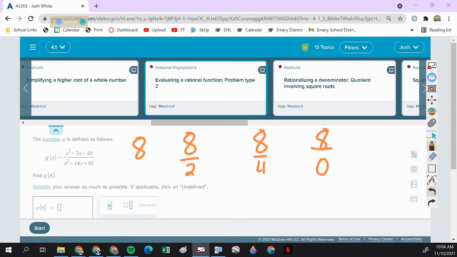What if I cut 8 into 1-inch lengths? Then I would have 8. What if I cut 8 into half-inch lengths? I'd have 16. What if I cut 8 into 1/10 inch lengths? I would have 80. Okay. What if I cut 8 into 0-inch lengths? How many pieces would I have?